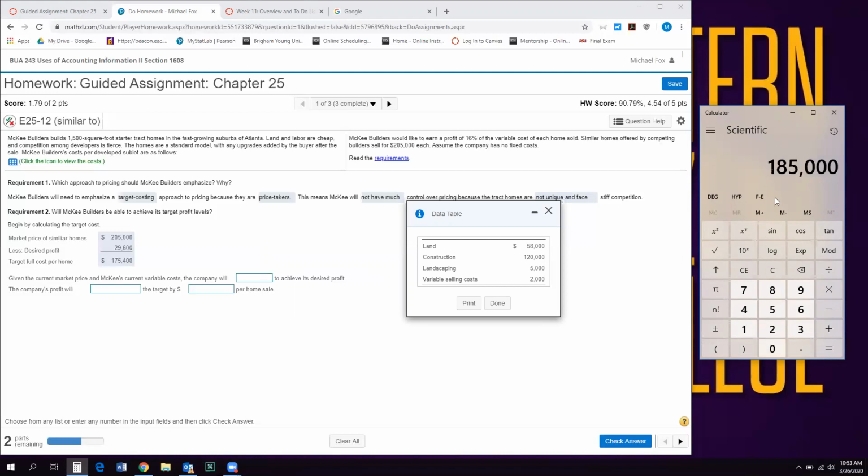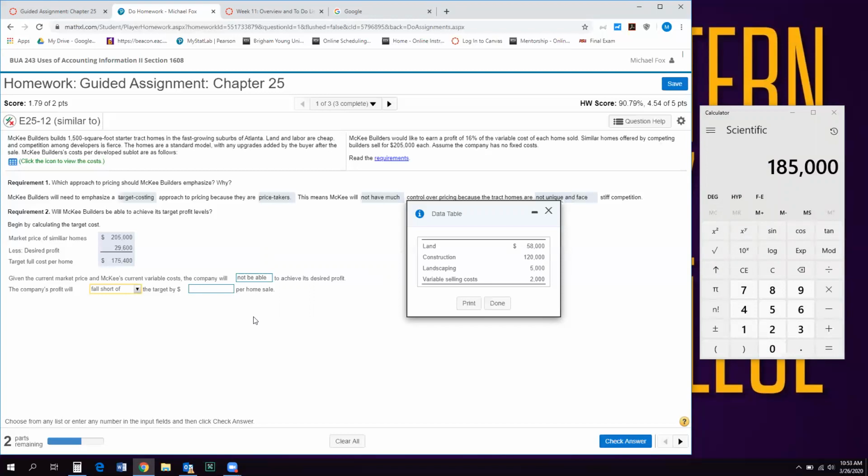So their costs are $185,000. The target cost is $175,400. So they will not be able to achieve that desired profit. And if the selling price is $205,000, we will say the company's profit will fall short of the target by blank per home sale.